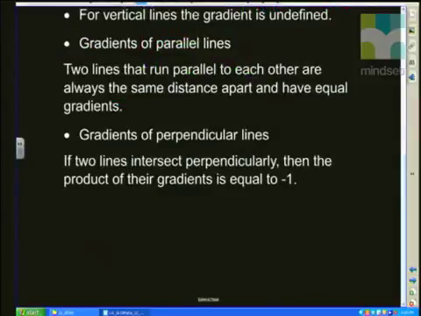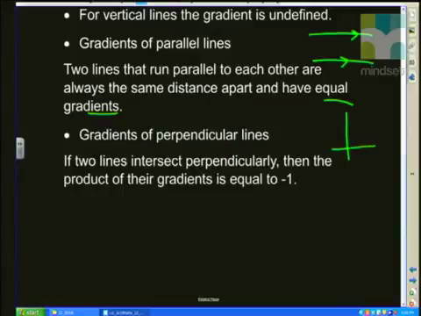Remember, very importantly, that parallel lines have equal gradients. Parallel lines are the same distance apart, and the gradients of parallel lines are equal. And when you're dealing with perpendicular lines, the product of their gradients is equal to -1.